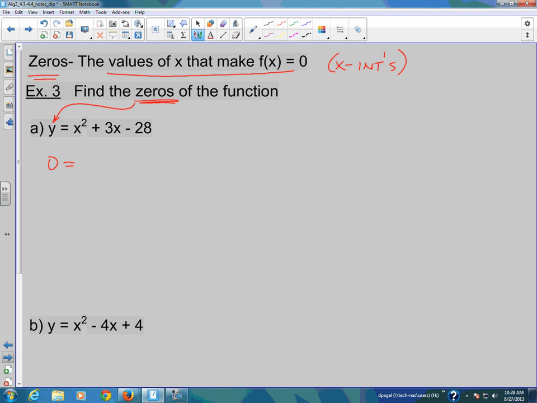You're trying to make 0 with these x's. So I went ahead and made y equal 0, and I factored, and we used our zero product property to discover that x could be either a negative 7 or a 4, and those are the zeros of that function.